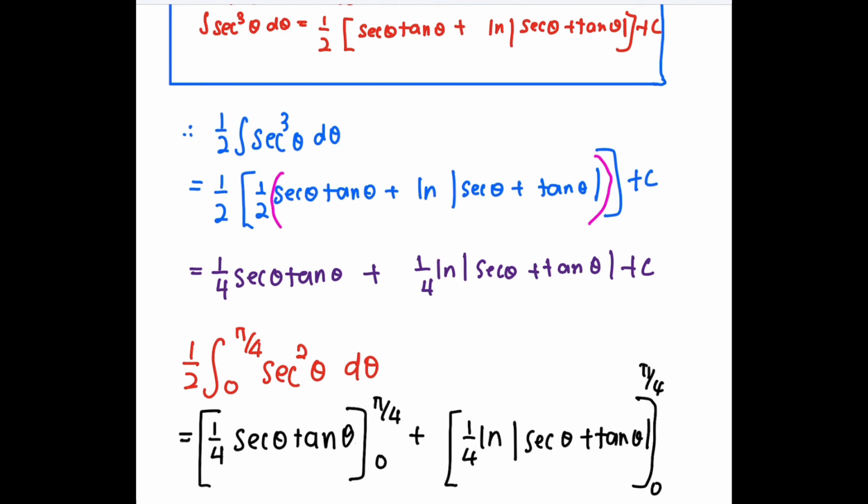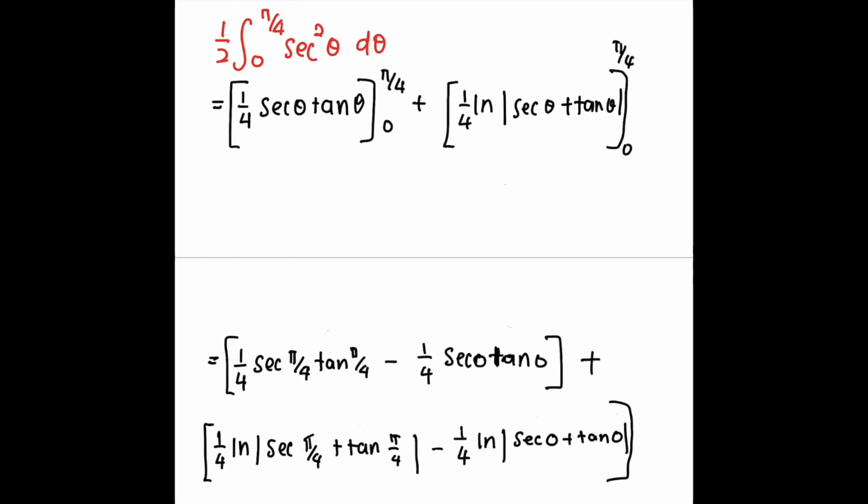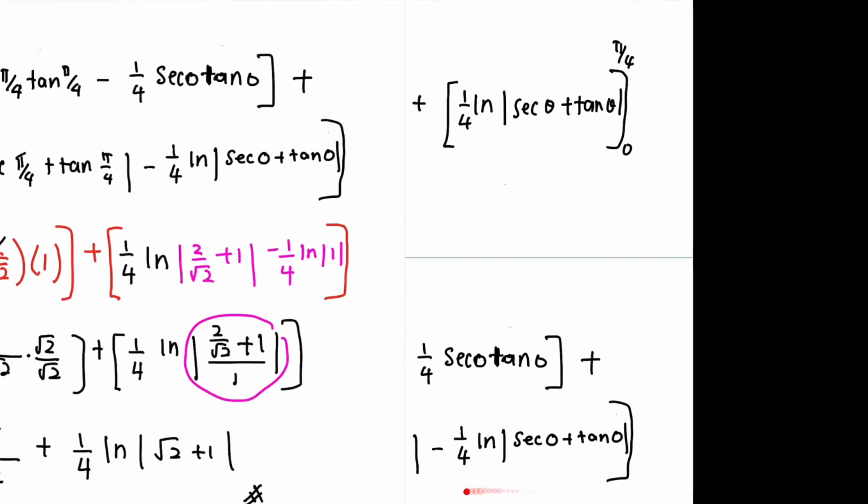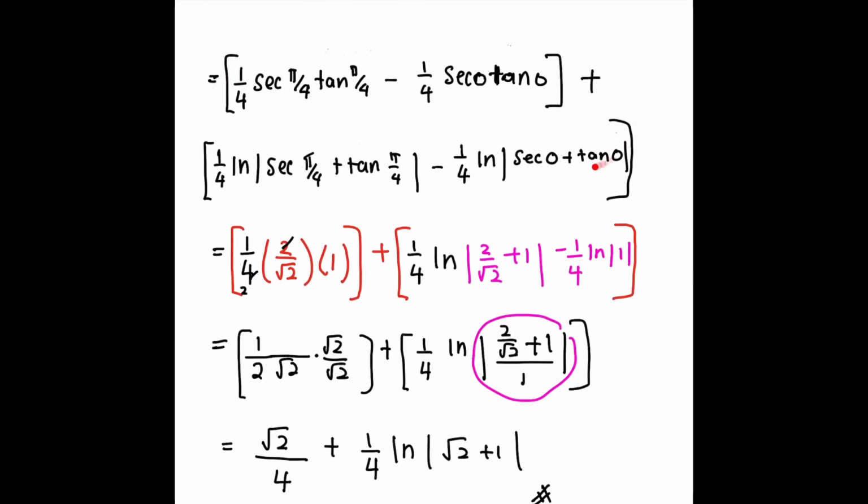Your limit is from 0 until pi over 4. For the first part, just rewrite here from 0 until pi over 4, and for the second part, again, this is from 0 until pi over 4. So let's open up. Put in your pi over 4 first, and then minus, put in your 0. Plus, for the second part, put in your pi over 4 and put in your 0.